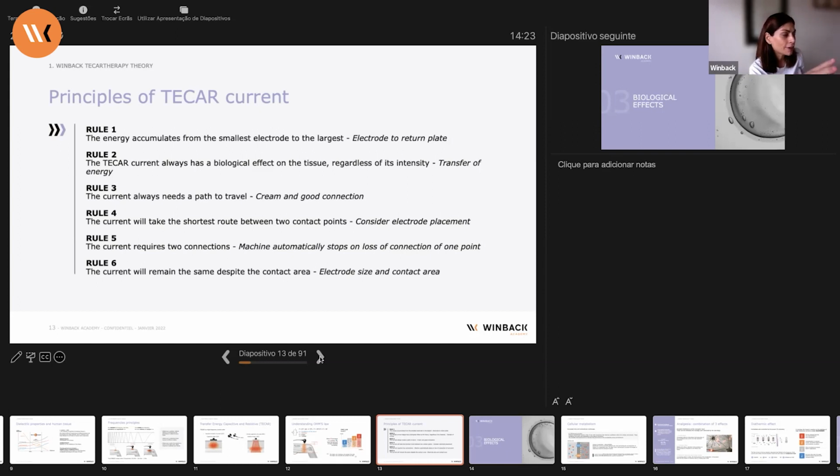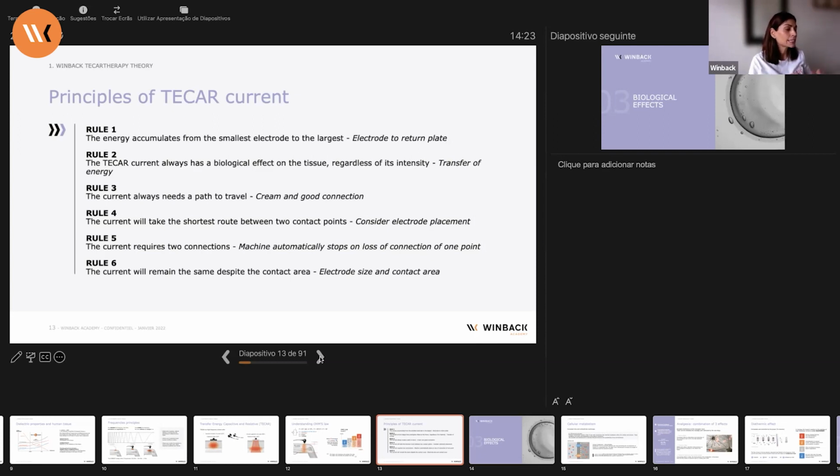Yeah. Number 5 rule is that the current requires 2 connections. Or the machine will automatically stop when you lose the connection from one of the points. So you have to ensure that the return plate is always connected to the patient and you do a right connection with the active electrode, okay?